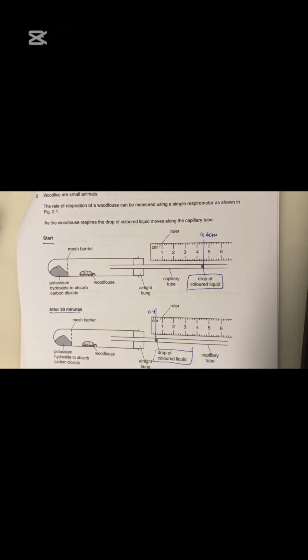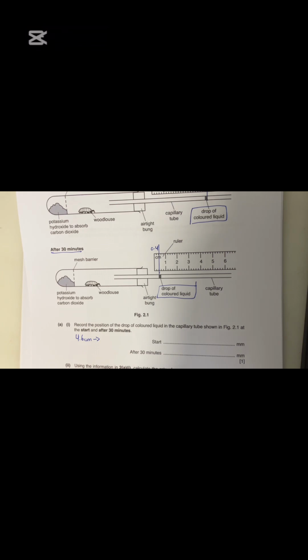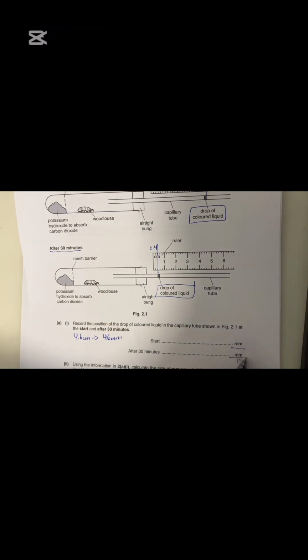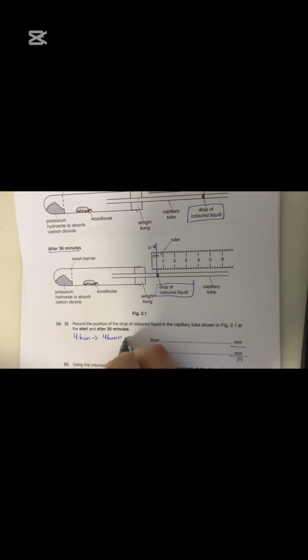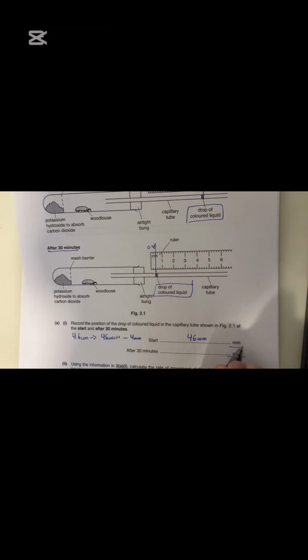So we're going to write down here 4.6 centimeters. We can even convert it into millimeters. So 46 millimeters because of the units right here, and right here we have 4 millimeters. So at start it's 46 millimeters, which is already written, so I don't need to write it down. And at the end, it's going to be 4 millimeters.